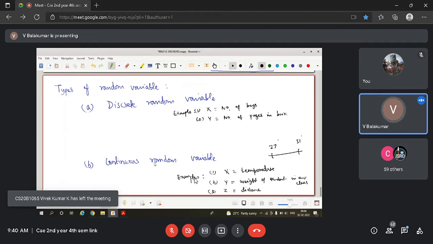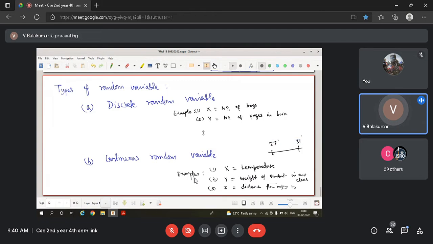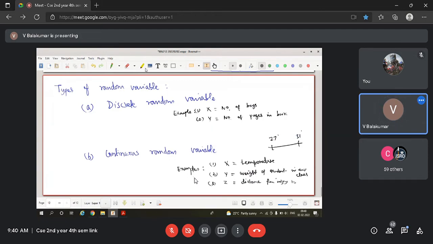It is varying. Or you can simply say the distance from NITPY, main gate of course, to your native. Will it be varying? Various points will be there, right? Will it work? Distance from... For a particular person, it will always be the same.